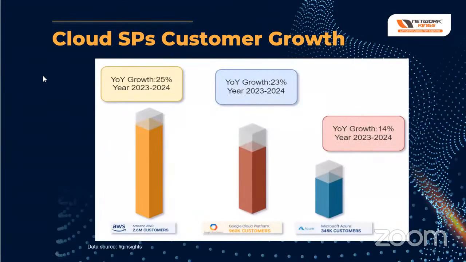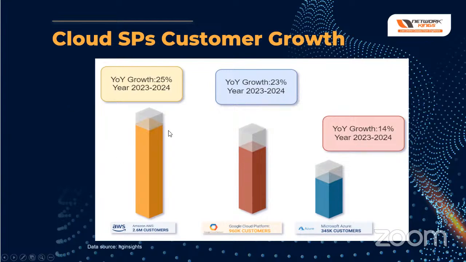And then I have prepared this cloud service provider customer growth. So basically why we should learn GCP at this stage, because we already know AWS is the market leader. Then what is special in GCP? So I went to two websites on the internet.